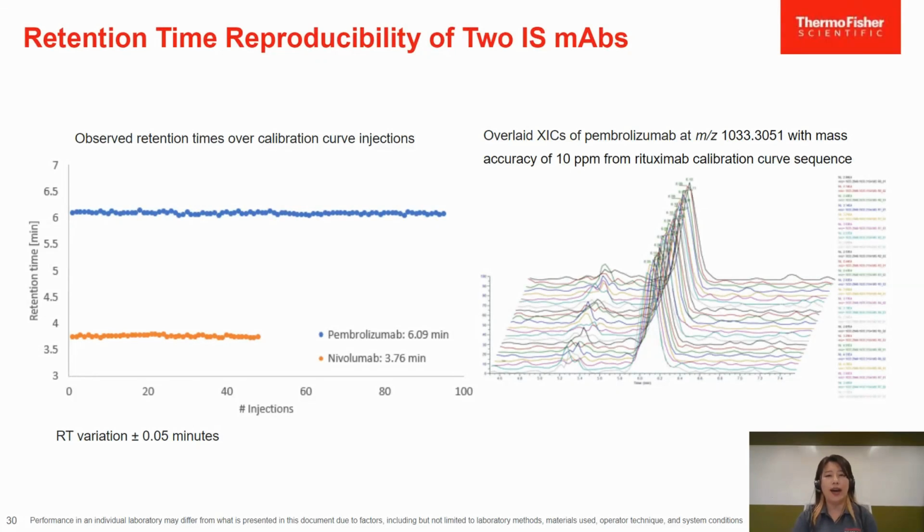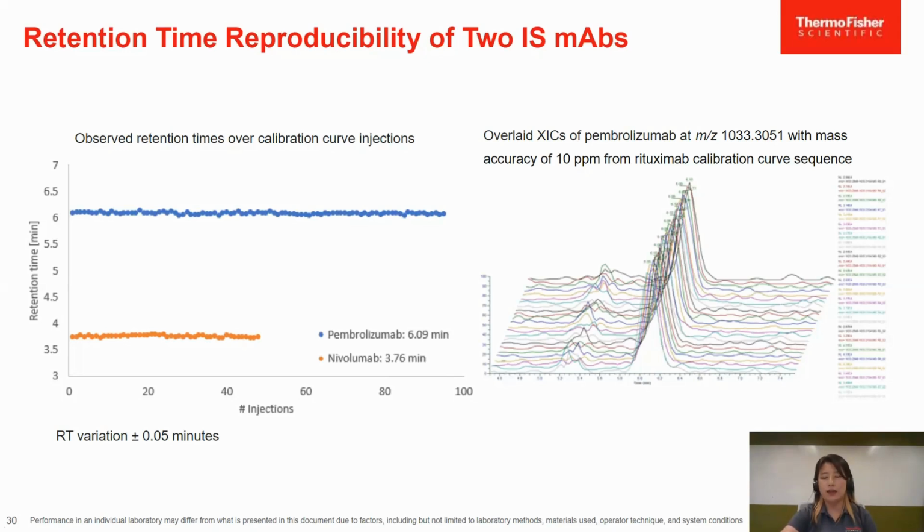And also, one of our aims was to generate reproducible chromatograms, right? So we graphed the observed retention times of the 2 internal standards over the entire calibration curves on the left side. You can see that the retention time variation is only plus or minus 0.05 minutes across the entire calibration analysis.